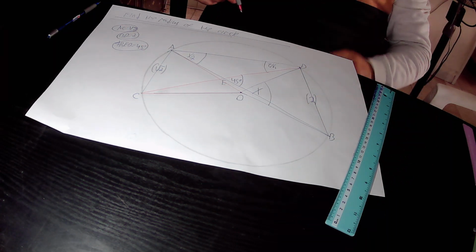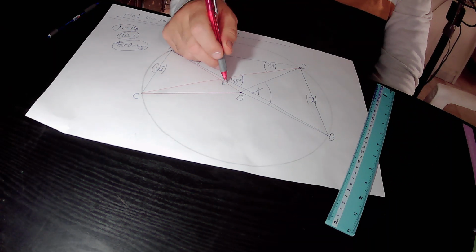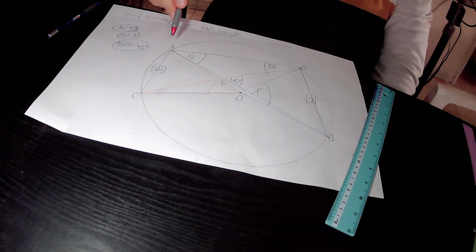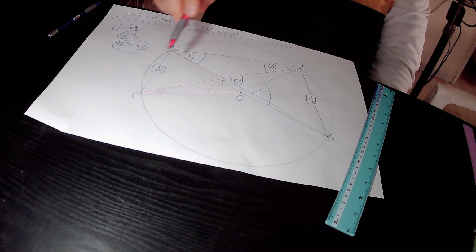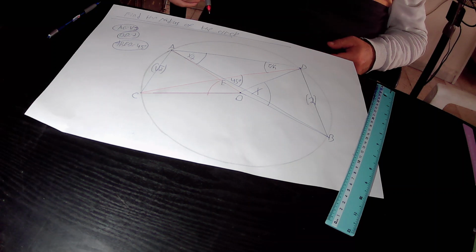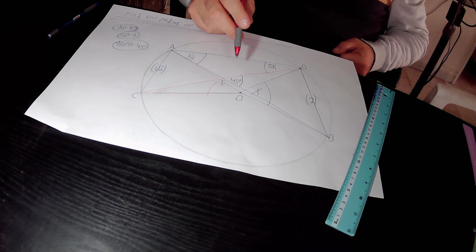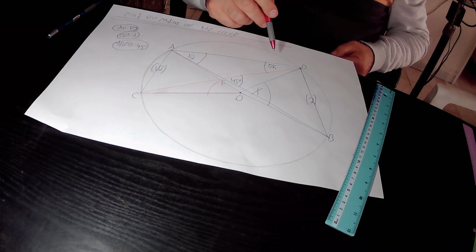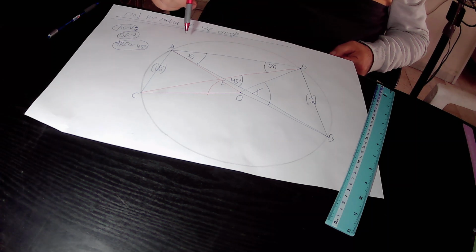By doing this construction, we can deduce central angle COA. Central angle COA subtends on chord AC, exactly like peripheral angle CDA, which also subtends on chord CA. And therefore, according to rule 13, the size of central angle AOC must be twice as large as the size of this peripheral angle ADC.